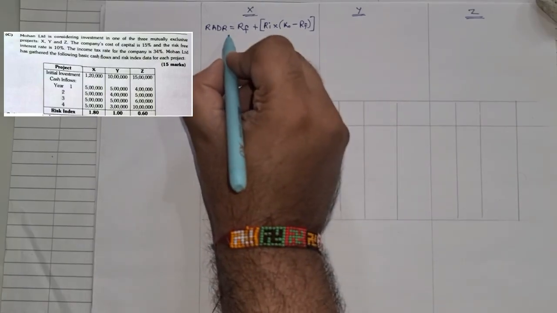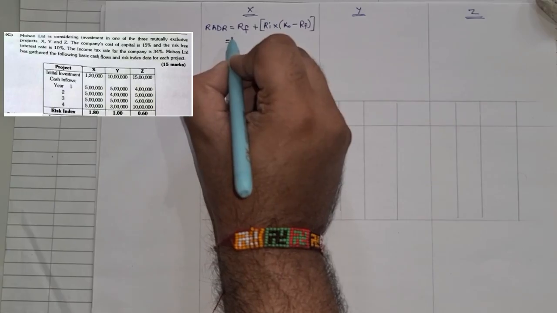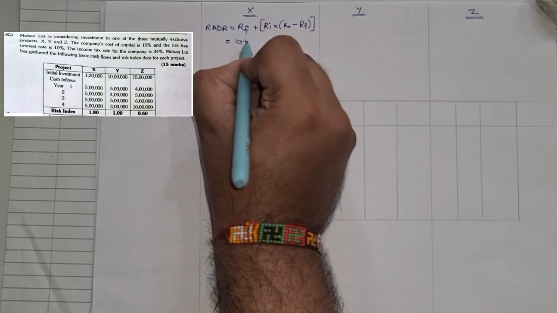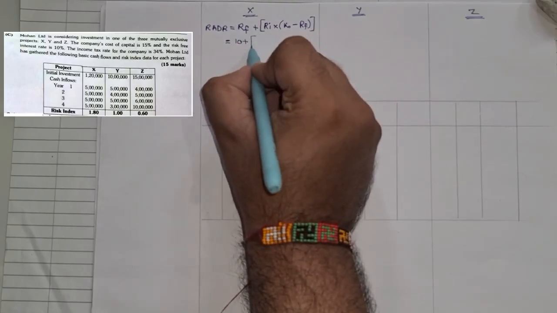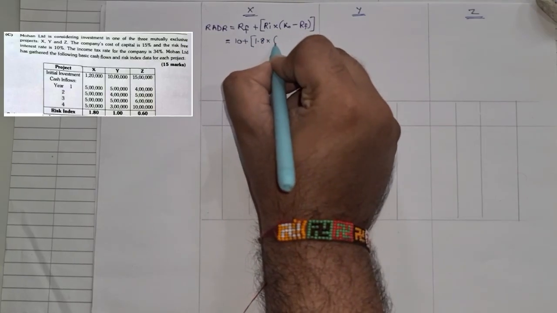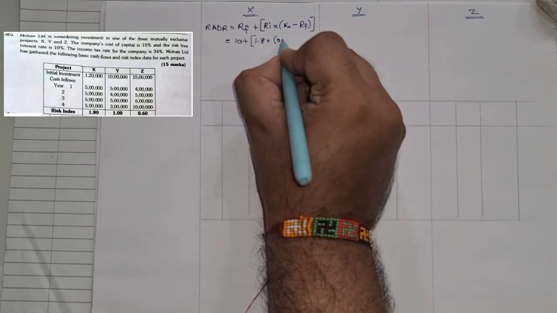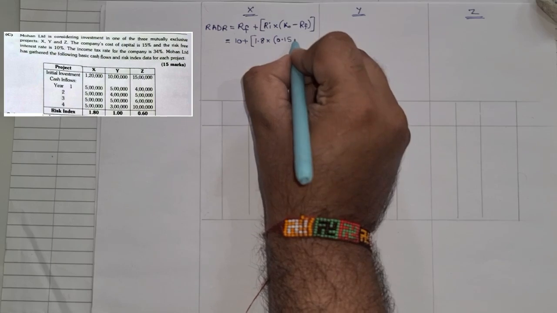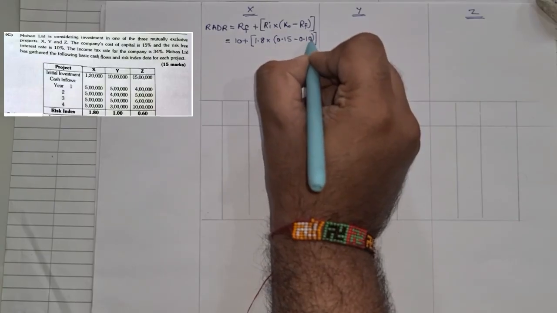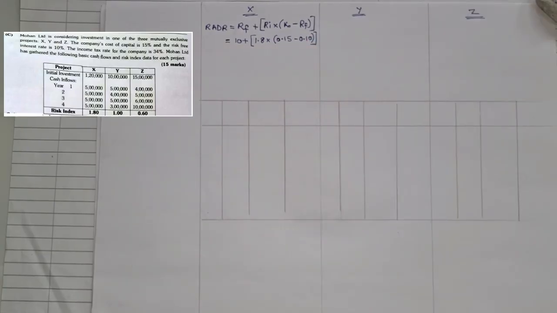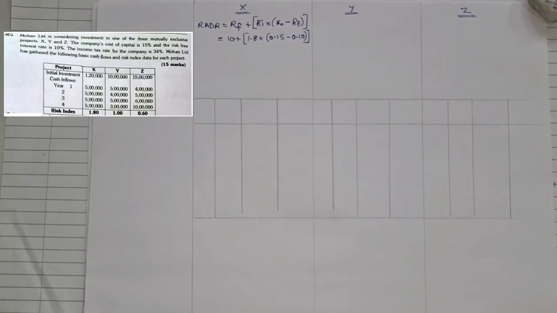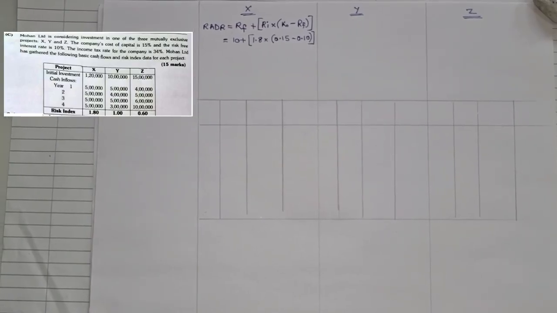Now for X, the risk free return given in the question is 10, plus the risk index given is 1.8 for X, so 1.8 into cost of capital, which is 15%, so 0.15, minus the risk free of 10%, so 0.10. If I solve this part, it will become 0.15 minus 0.1, into 1.8, that gives you 0.09.